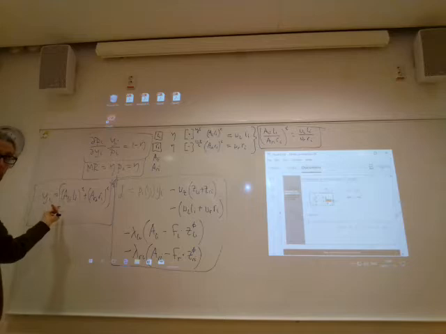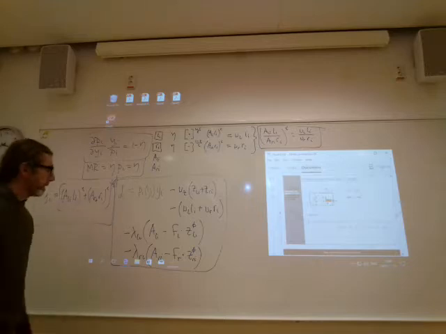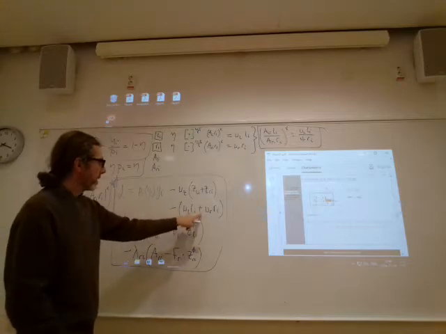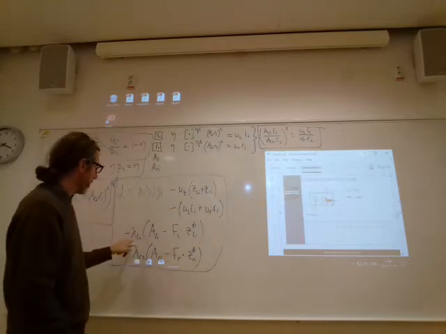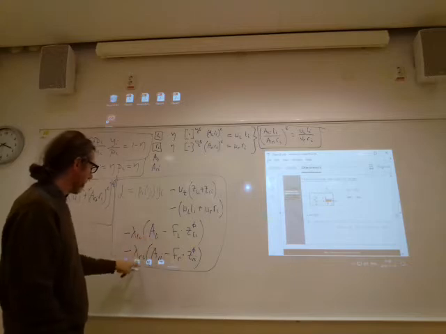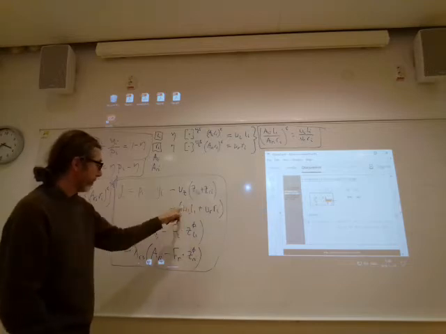Nothing really happens when we switch these around. And here we had minus WL Li minus WR Ri. Here we have minus lambda L Li ALI minus lambda Ri ARI. So these lambdas are taking the places of the W.